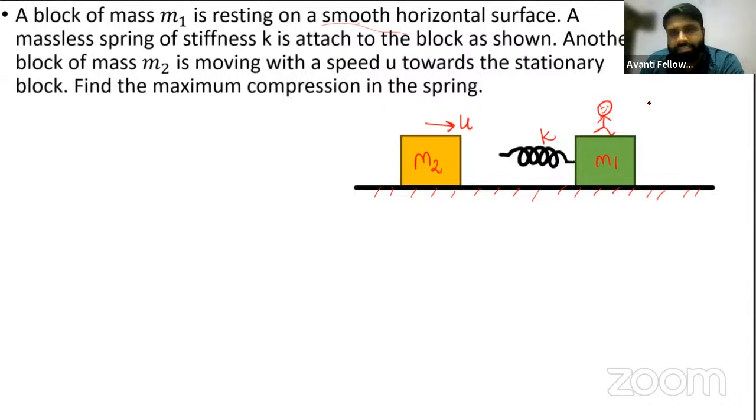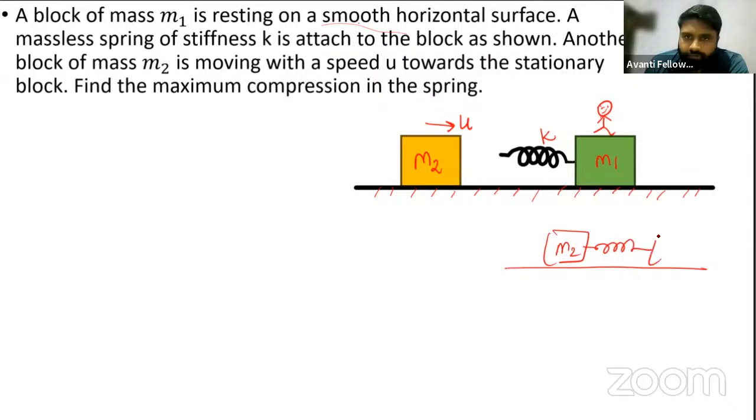Now let's say after this block hits the m1 block, this m2 block has a velocity v, and m1 has acquired some acceleration which is a1. Okay, got it? And this is the force acting on it. Sorry, not in this direction. This force is acting in this direction because the spring is compressed.